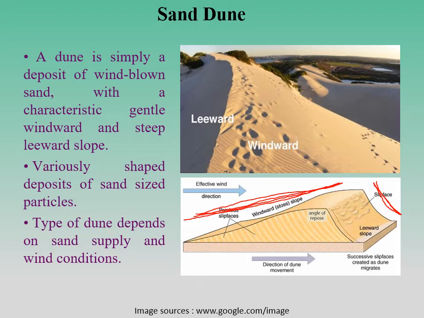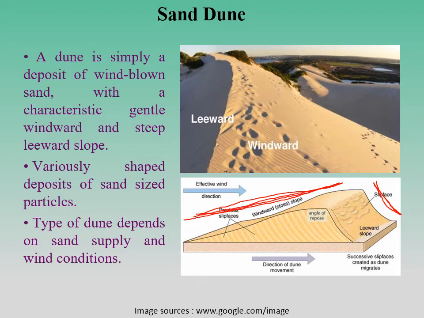And if we find this kind of asymmetric dune where the stoss side is greater than the lee side, we can easily interpret the flow direction. The flow direction is always from stoss side to lee side. That is, for this particular picture, the flow direction is from left to right.